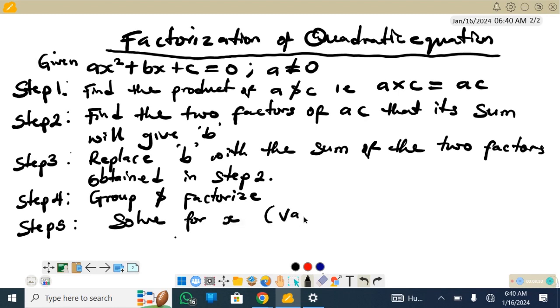That's our variable. So in the next page, we are going to solve some examples and see how we can use the following steps in solving a quadratic equation. Okay, so let's move to the next page.